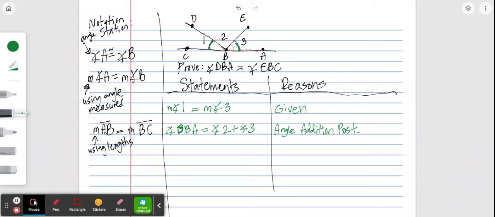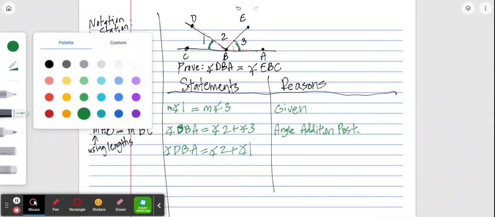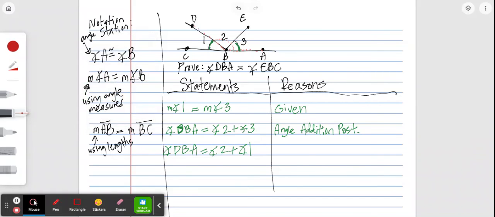All right. Now I'm going to write that angle DBA equals angle 2 plus angle 1. Now, why can I write that? Why can I replace that angle 3 with angle 1? It comes from the given statement.